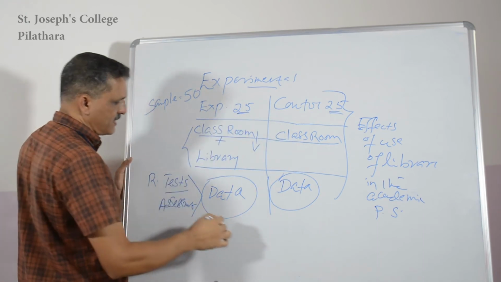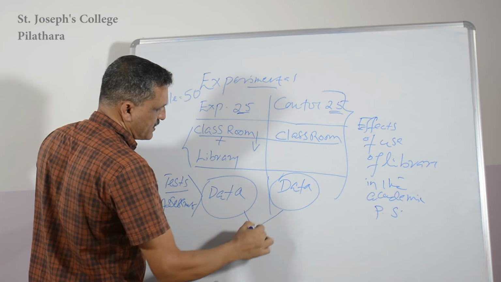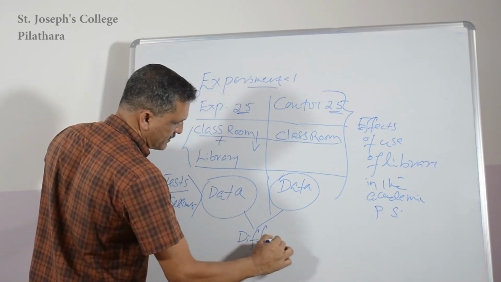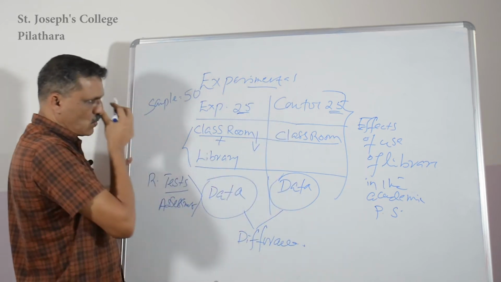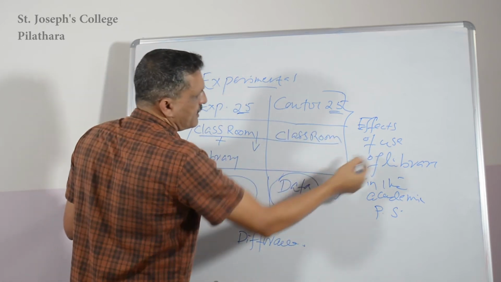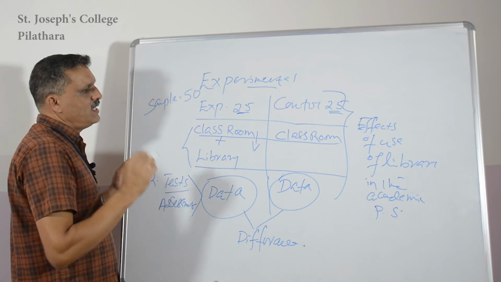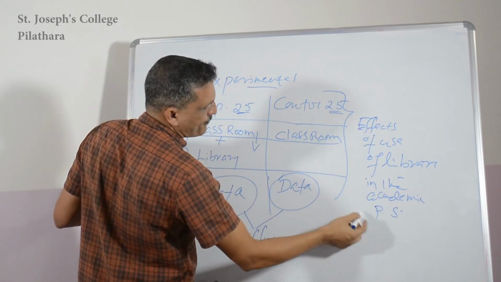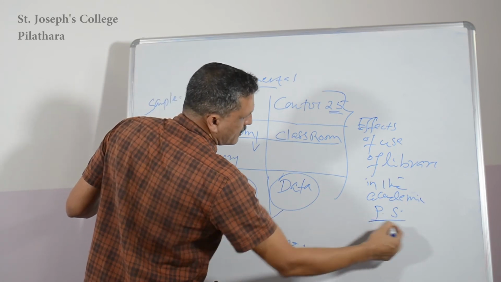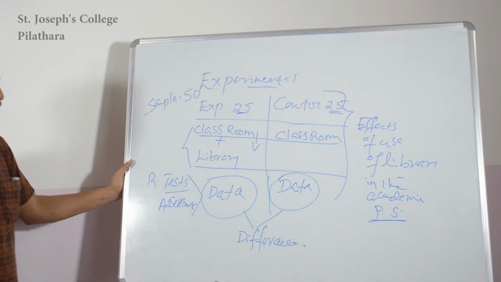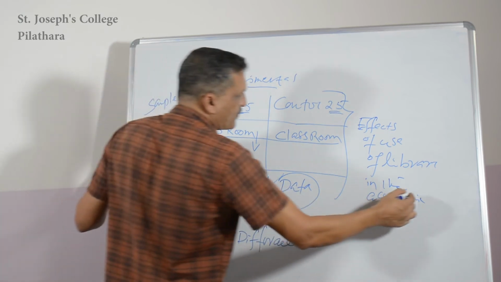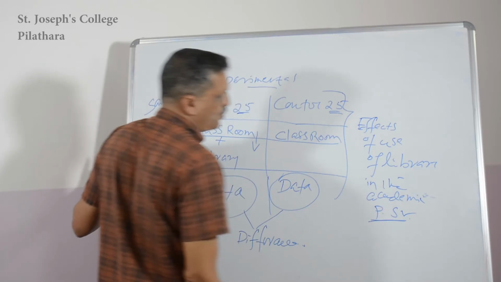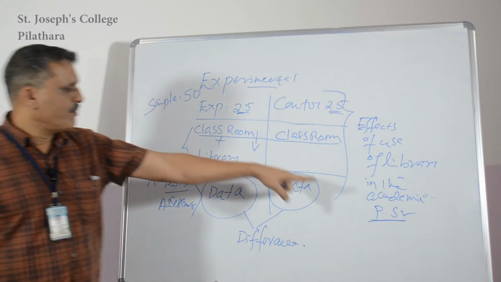Then what is the result? This is the difference. We have to take the difference. Here we have one variable, the independent variable, which is library use, and the academic performance of the student, which is the impact.